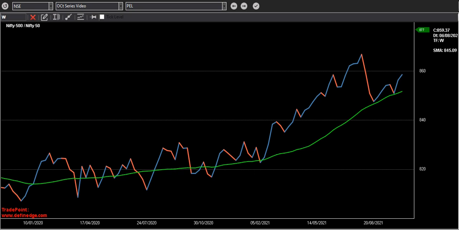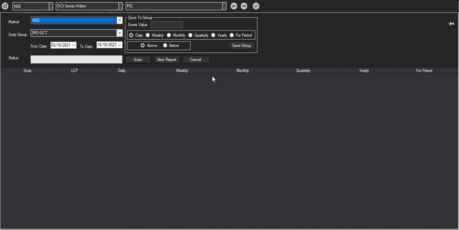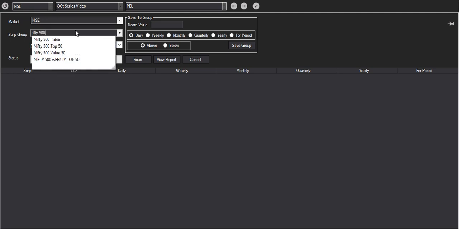I'll just tell you the process how I did it because I have already shortlisted the stocks for you. I'll tell you the logic behind this. This is the performance table wherein you get the performance of all the stocks that you want to check.